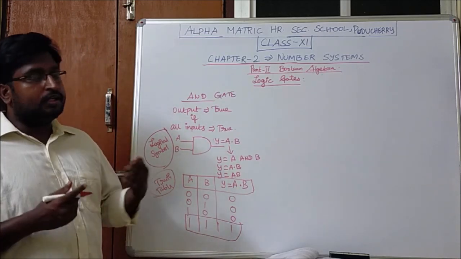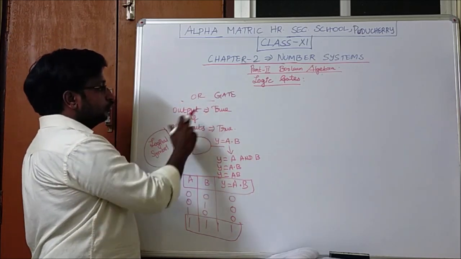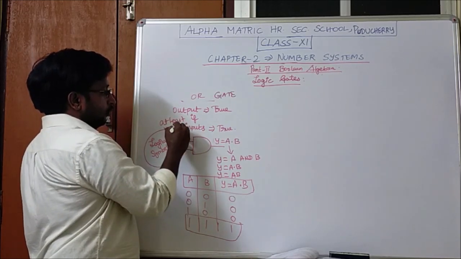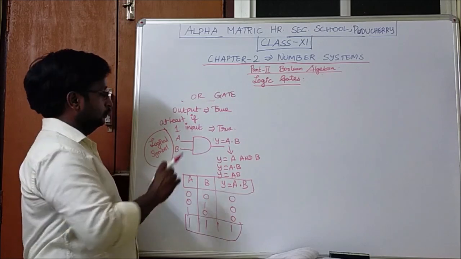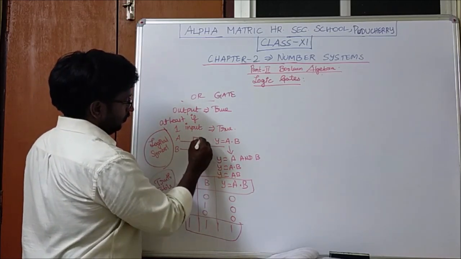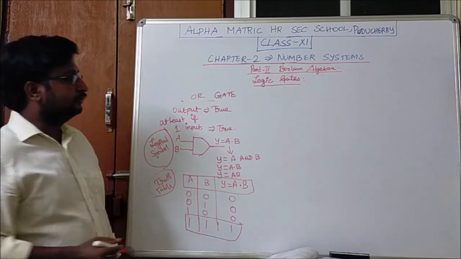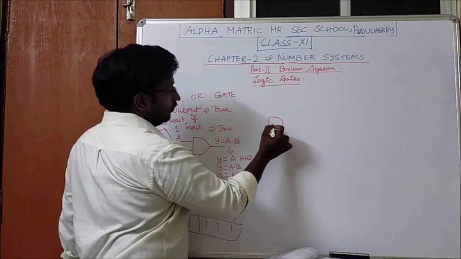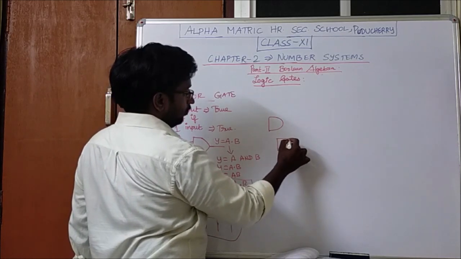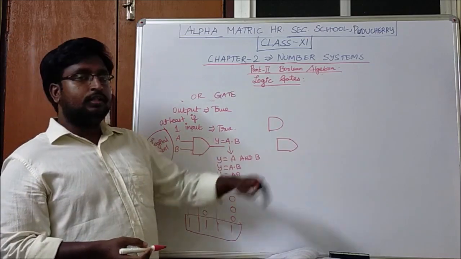Next one is the OR gate. We know that output is true if at least one input is true. This is the logical symbol. For AND, a curve will be there, that is the D symbol, whereas for OR, a parallel line will be there, after that the curve will be there.